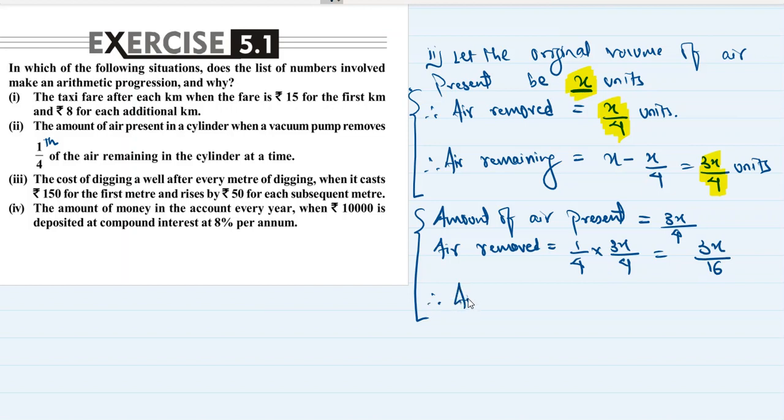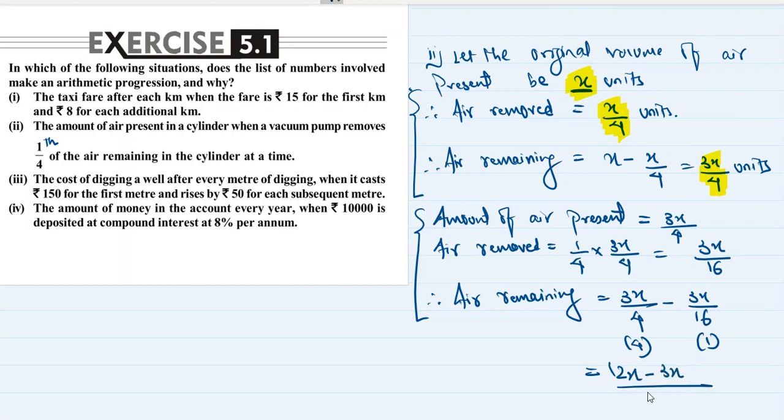And therefore how much air is remaining? The initial was 3x by 4 minus 3x by 16. So the LCM is 16, and this will be 12x minus 3x by 16, which is 9x by 16. Now just imagine the air remaining initially was 3x by 4, and the air remaining after this became 9x by 16.